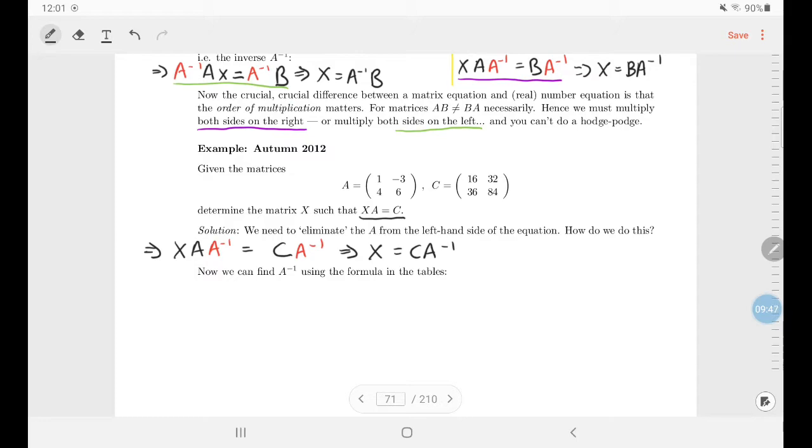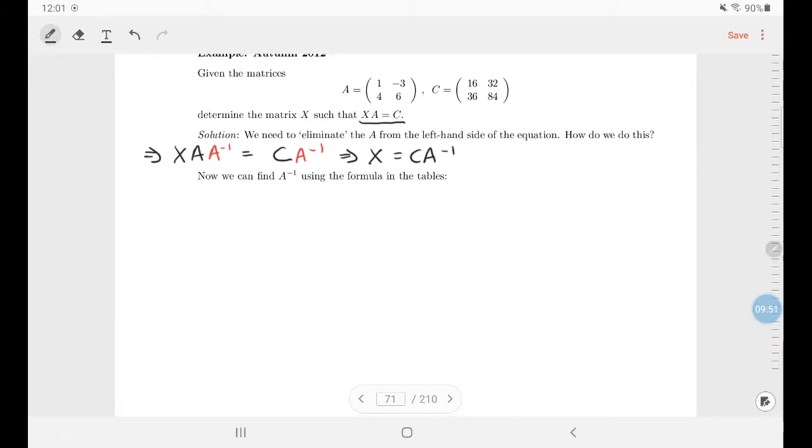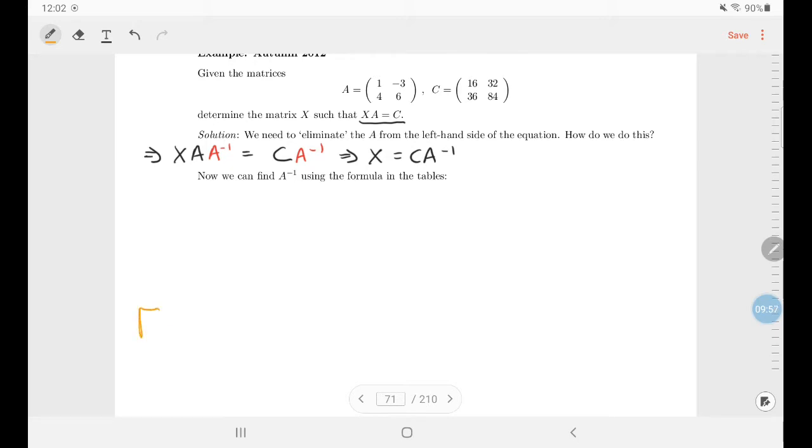Now you can, if you want, do a little bit extra. We'll just write it down here. So you can do xA equal to C. Therefore, xA A inverse, multiplying on the right, equals C A inverse.